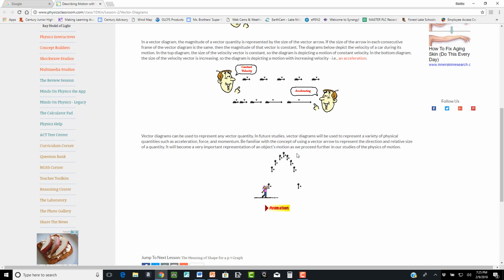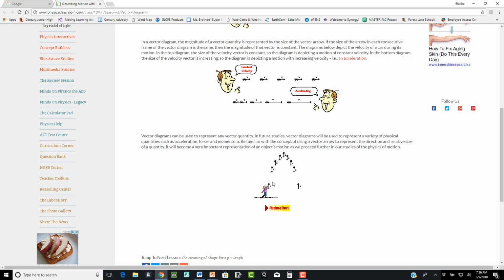The last thing we're looking at shows us how vector diagrams can also show the direction of forces as well as acceleration. For instance, if I'm throwing a ball in the air and it starts to move up and then down, the A here is for acceleration, and it's telling us the direction of acceleration as the ball moves to the top and then back down towards the ground.